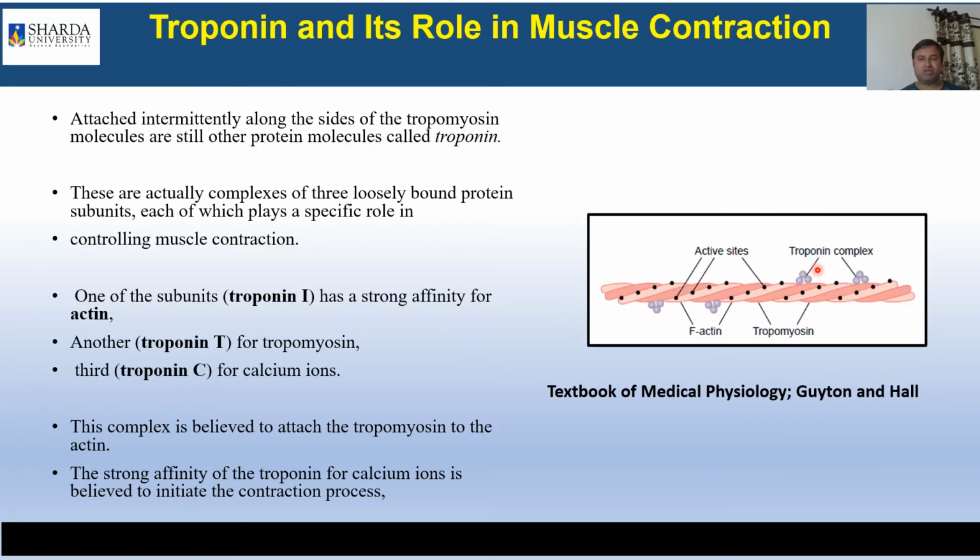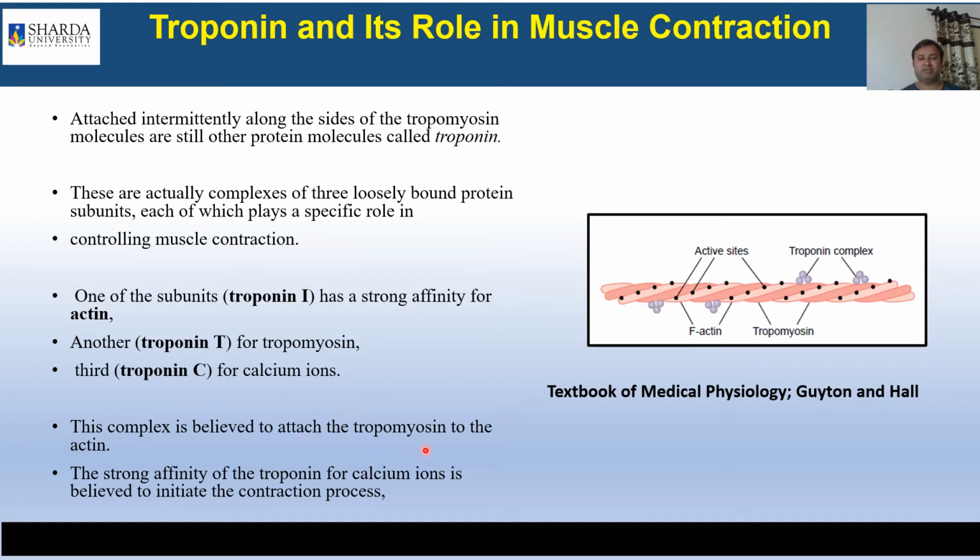Now the third structure is the troponin complex. Troponin is a third molecule present on the actin filament, and it basically has 3 subunits: troponin I, troponin T, and troponin C. Troponin I has a strong affinity with the actin filament, troponin T has affinity with the tropomyosin molecule, and troponin C has affinity with the calcium ion.